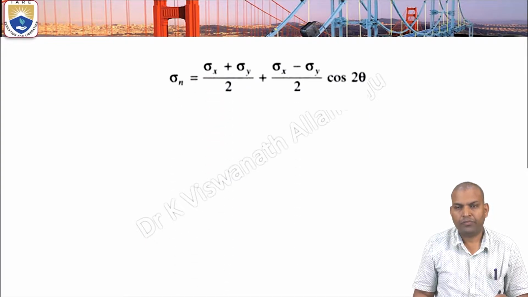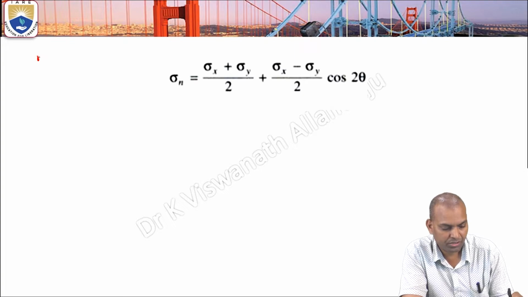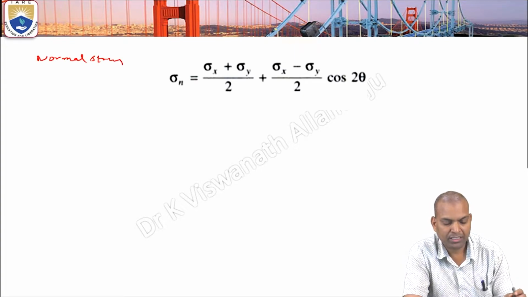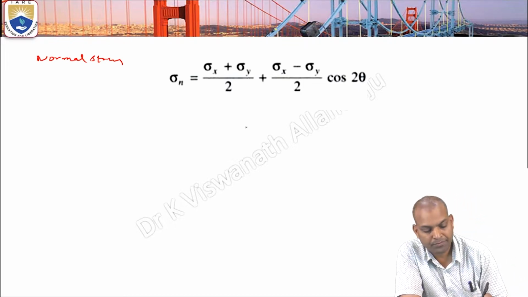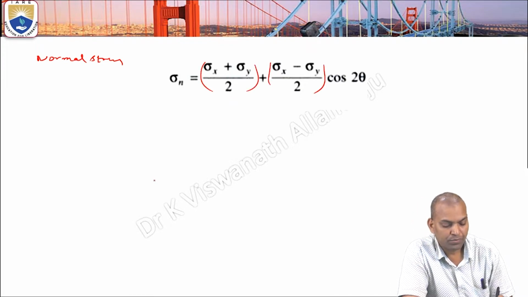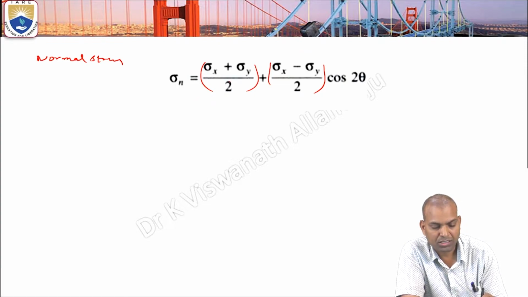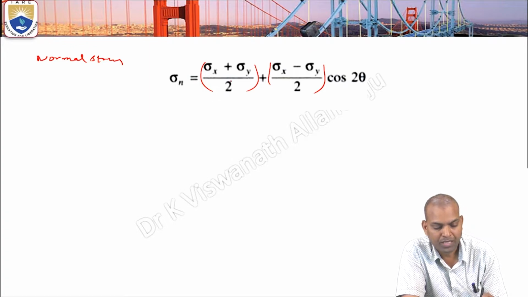Now the formula: sigma n, the normal stress, is sigma x plus sigma y by 2 plus sigma x minus sigma y by 2 times cos 2 theta. Substitute the values: sigma x is 100, sigma y is minus 60.